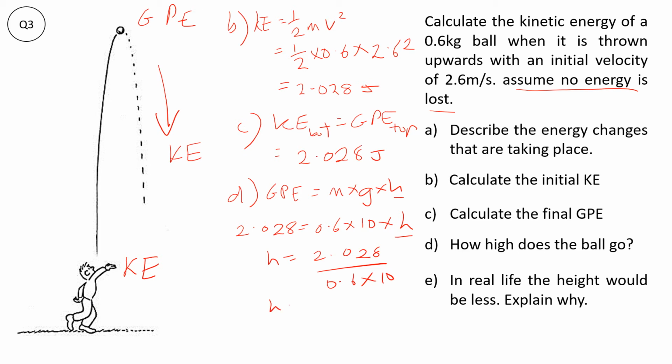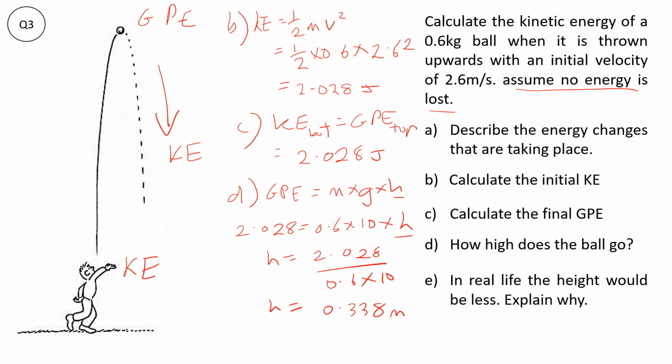So we get the maximum possible height as 2.028 divided by 6, and that equals 0.338 meters. So it's not very high, is it? 0.338 meters. So 33 centimeters. Bit of a weedy throw.